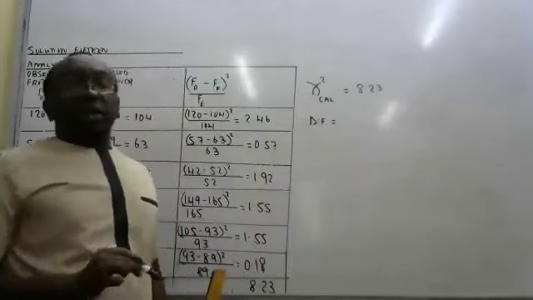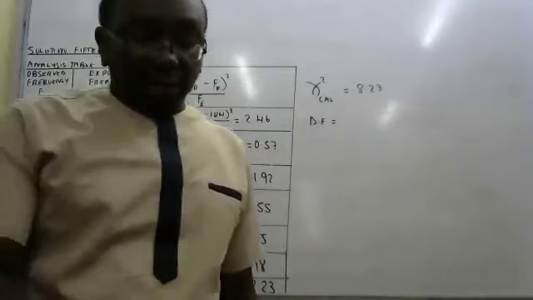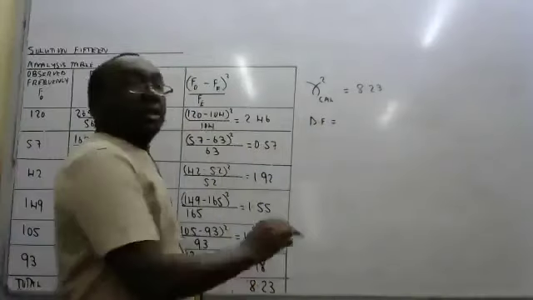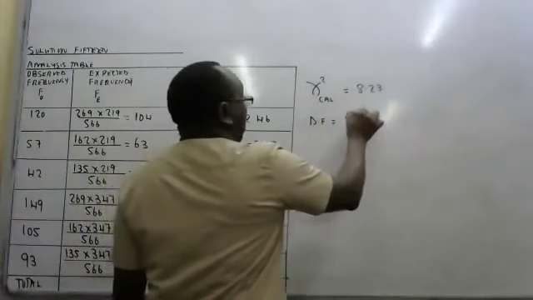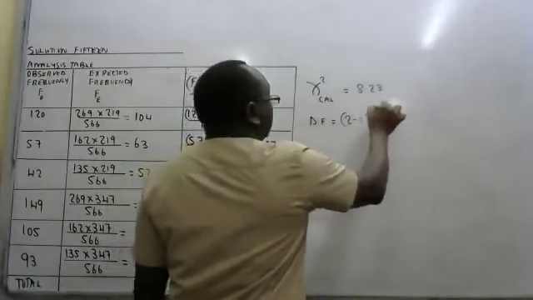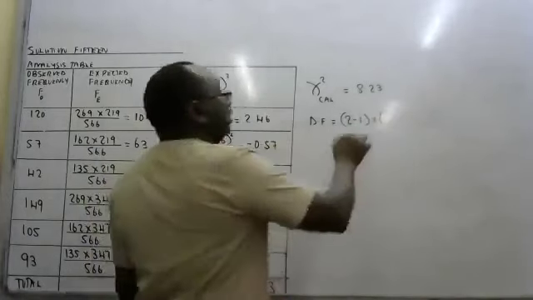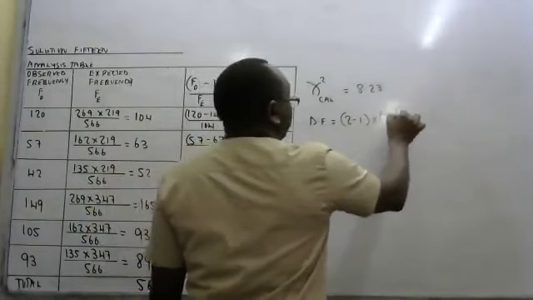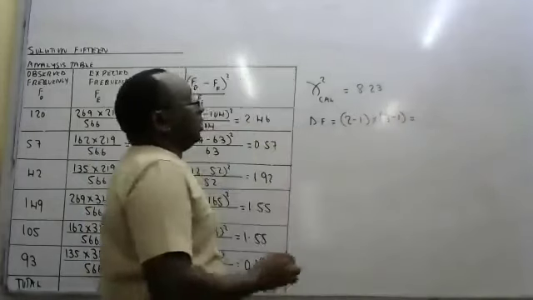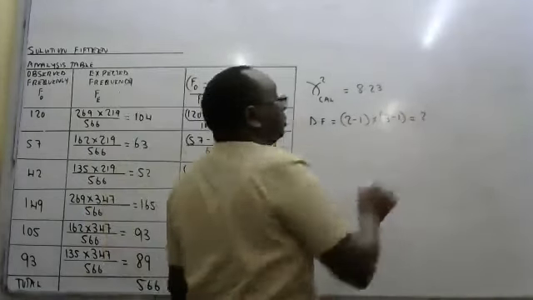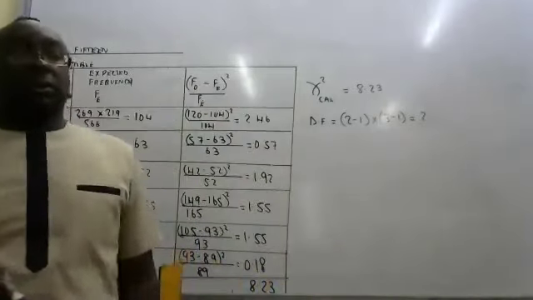Degrees of freedom will be hii table yenye tuna deal nayo, it has 2 rows. So it is going to be 2 minus 1 times, it has 3 columns, so 3 minus 1. That gives us 2.